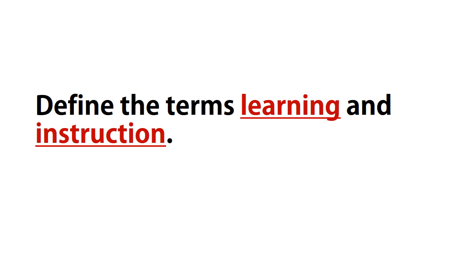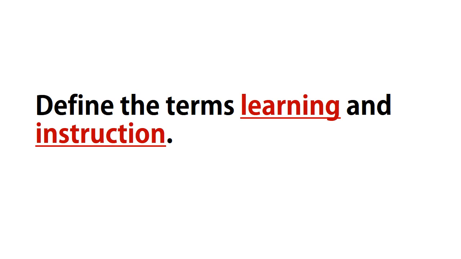That's the environment. It's also the result of internal interactions between new and previously existing knowledge structures in your brain. So learning, again, it's the development of new knowledge, skills, or attitudes, but it results from your interaction with your external environment and your internal knowledge structures.